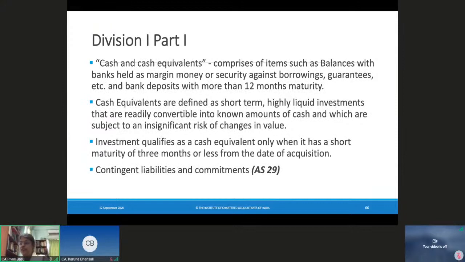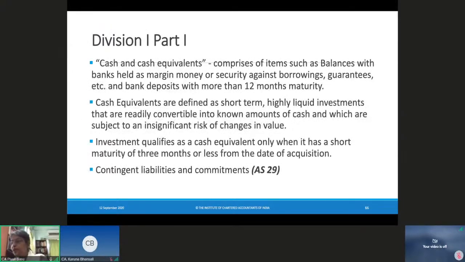So those kinds of things are important. From the face of the balance sheet, the banks will come to know what kind of borrowings are there with the company, from other banks maybe, or from directors maybe. So such disclosures are mandatory. As an auditor also, we need to keep that in mind.